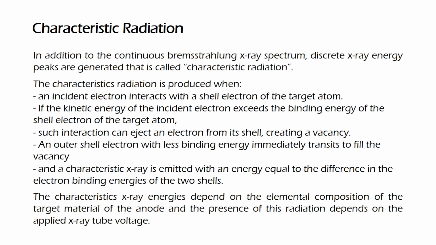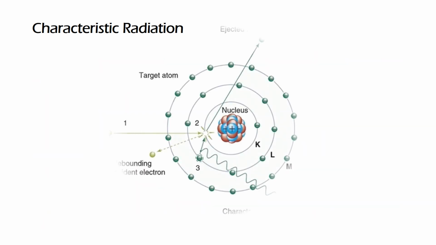Now let us have a look at an illustration showing the characteristic radiation. Generation of a characteristic X-ray in a target atom occurs in the following sequence. 1. The incident electron interacts with the K-shell electron via a repulsive electrical force. 2.